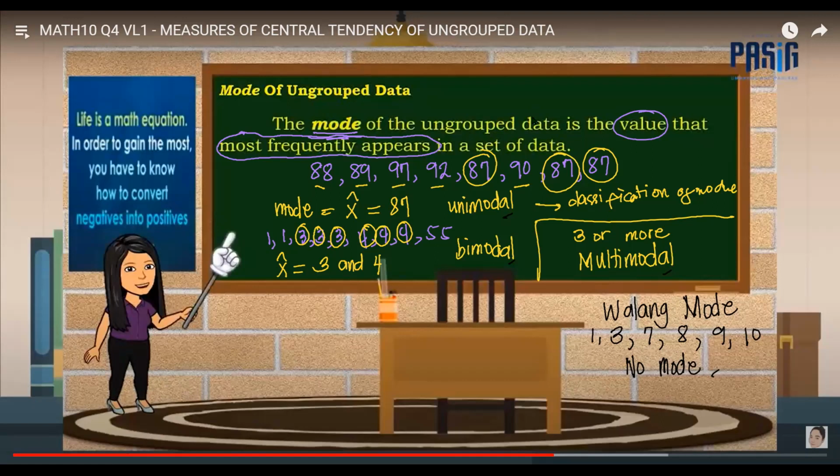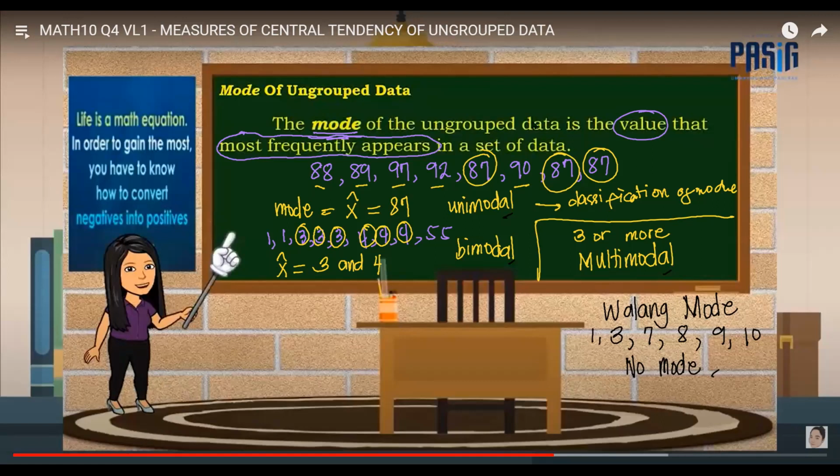Kapag naman sinabi natin mode, it is the most frequently appeared data, or a value that most frequently appears or occurs in the set of data. Okay? So, ganun din yung definition when it comes to group, wala namang pinagkaiba yan.